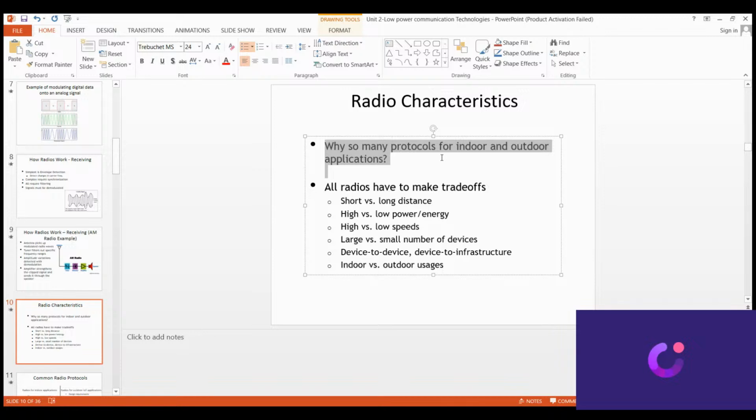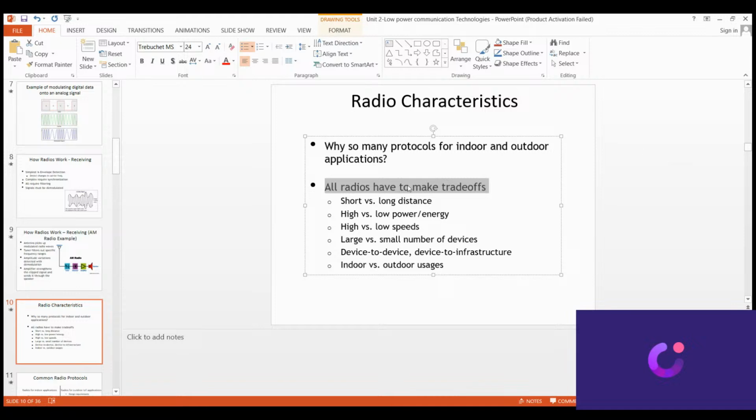The answer is that all radios have to make trade-offs, meaning there are certain sacrifices that have to be made, because they are there to transmit data wirelessly. Okay, trade-offs have to be made.